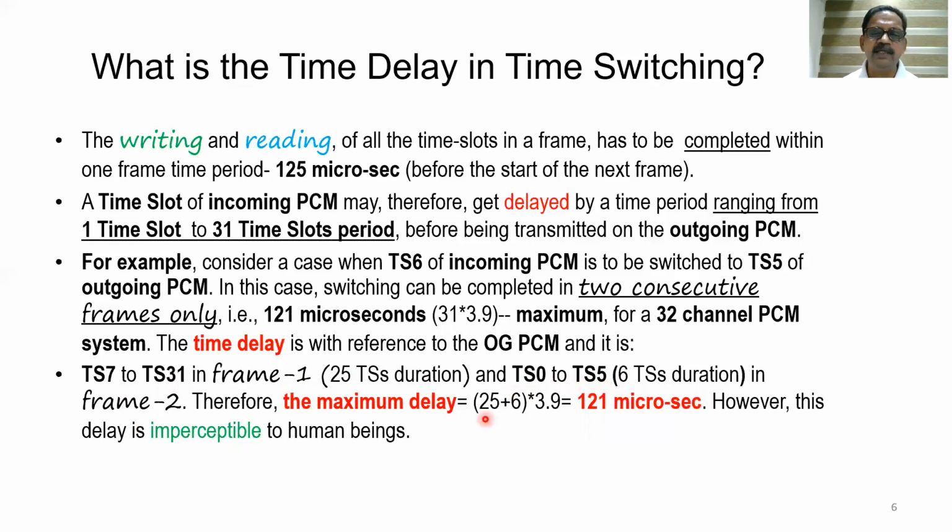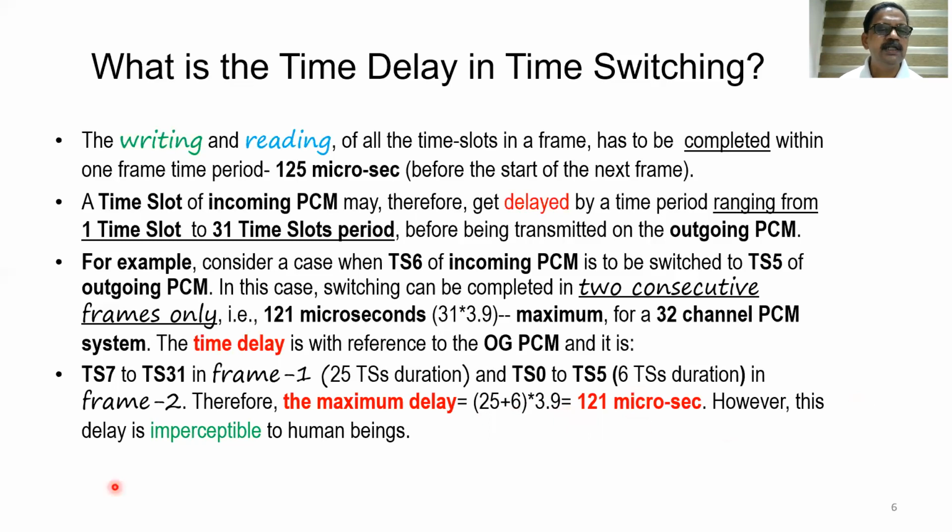Therefore, the maximum delay is equal to 25 in frame 1 and 6 in frame 2, that is equal to 31 time slots duration. That is 31 into 3.9, which is approximately equal to 121 microseconds. This is the worst case scenario as far as delay in time switch is concerned.